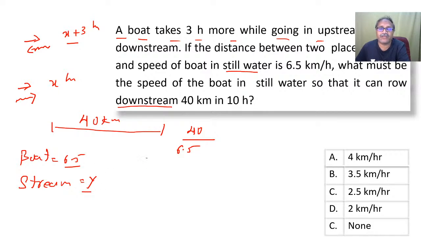The upstream speed is the speed of the boat minus the speed of the stream. The speed of the boat is 6.5, in other words 13 by 2, so the upstream speed is 6.5 minus y.